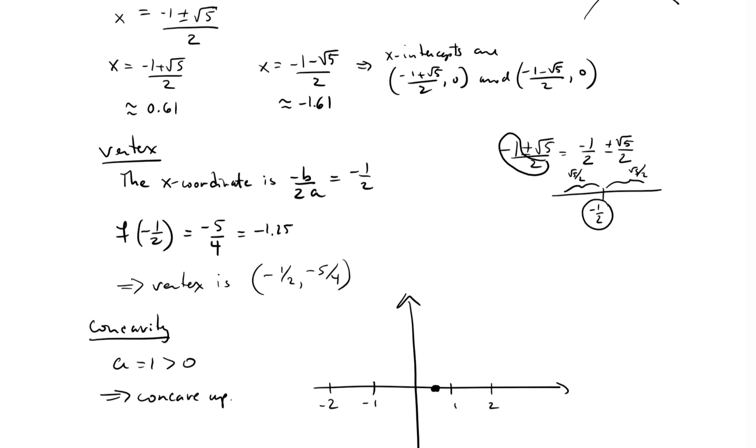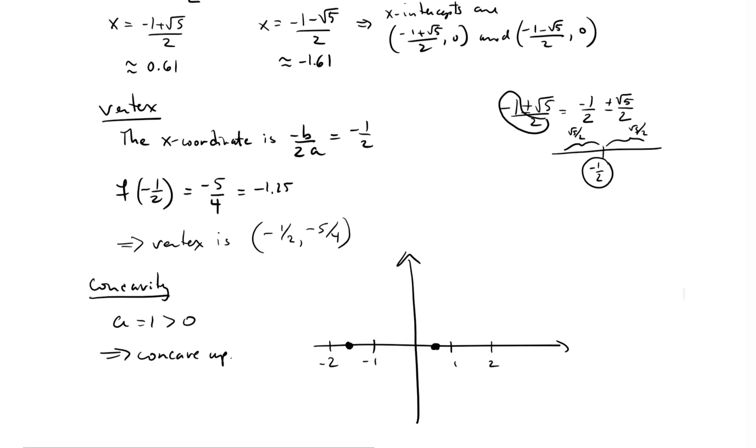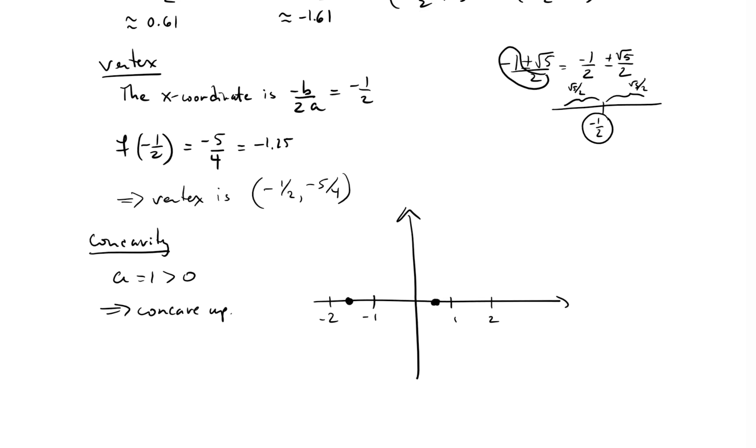The other one's at minus 1.61, roughly there. Where's my vertex? My vertex is minus a half, somewhere here. And minus 5/4: I'll go again by steps of 1, this would be minus 1, minus 2. Minus 5/4 is minus 1.25, so a fourth of the way past minus 1, here we go.